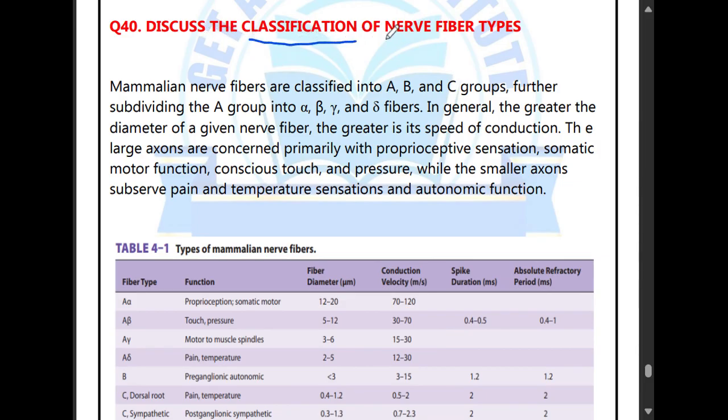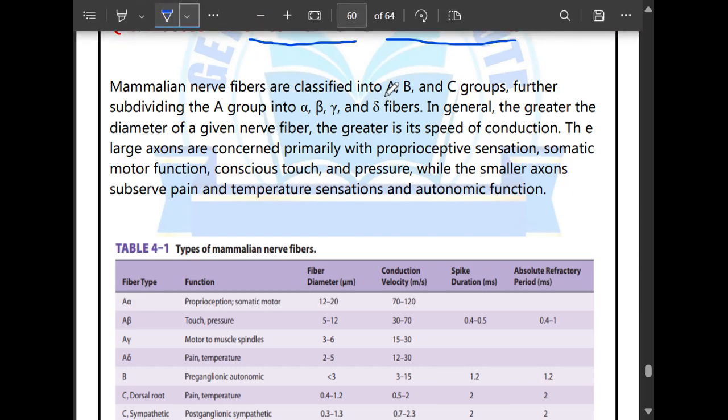Discuss the classification of nerve fiber types. This one specifically tells you to talk about the classification of not neurons, but nerve fiber types. Mammalian nerve fibers are classified into A, B, and C groups.